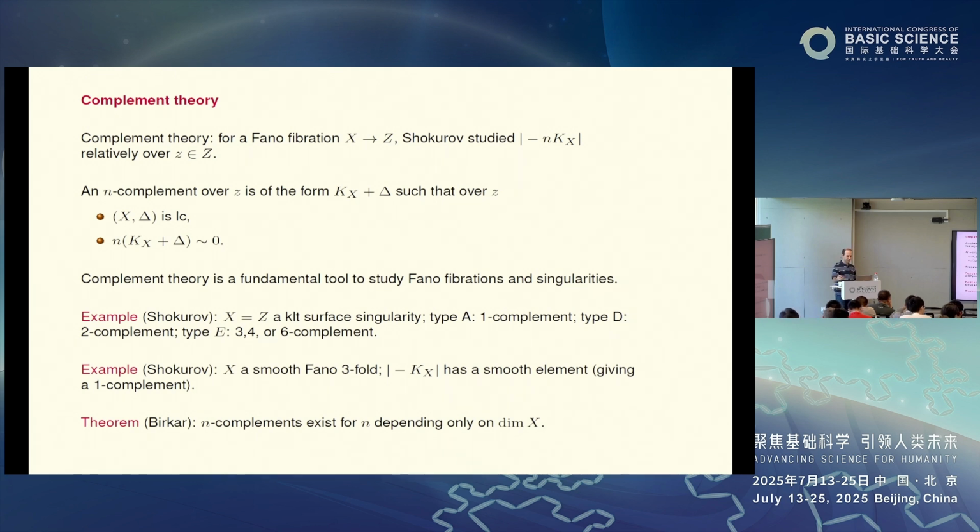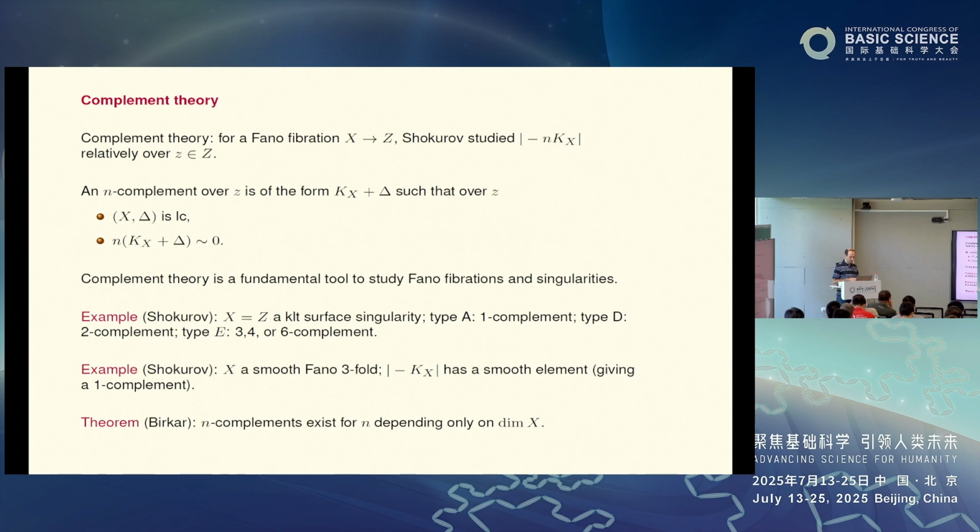So these complements can detect the type of the singularity. And type D are those for which you have a 2-complement, but not a 1-complement. And E-type are those where you don't have 1 and 2, but you have 3, 4, or 6. So you just have 1, 2, 3, 4, and 6. You have only these few numbers to basically capture the essence of these singularities. You don't need 10 billion. You just need up to 6. So this is the main point.